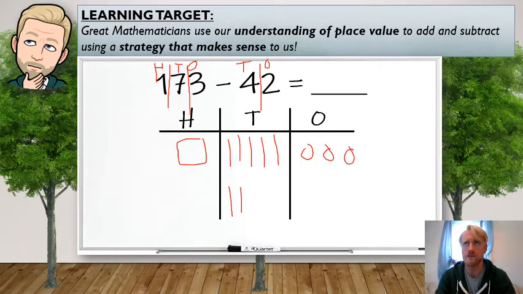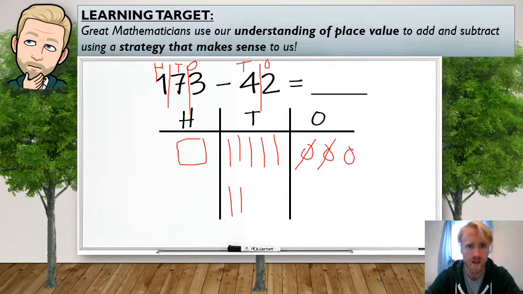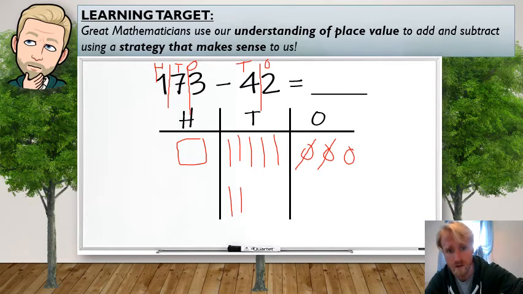All right, so 3 minus 2, I can do that. I don't have to regroup. So cross out 1, 2 ones. Okay, now I can go to the tens place. There were 7 tens. I'm taking away 4 tens from 42. Again, 7 minus 4, I can do that. No need to regroup. So let me go ahead, 1, 2, 3, 4.